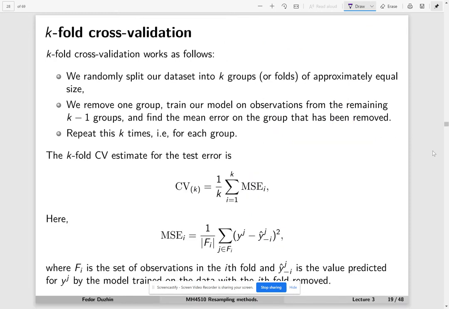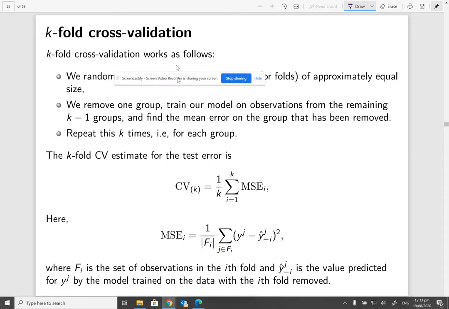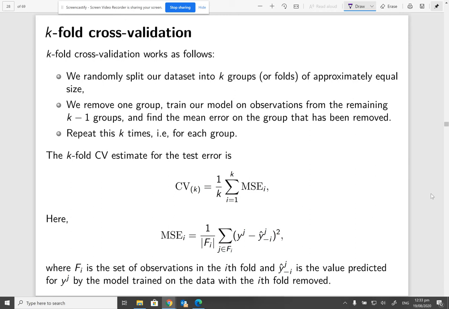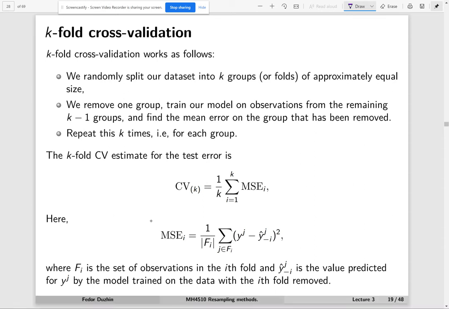Every time I train this model with one of the folds being removed, I'm going to apply this model to the fold that was removed and find the mean squared error on the fold that was removed. So this is the mean squared error on the ith fold, where we apply this model.